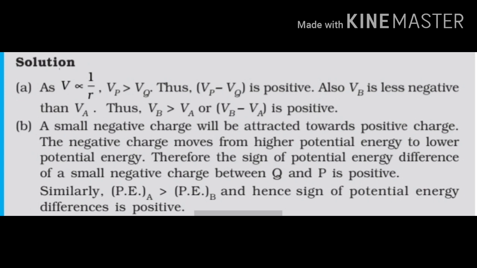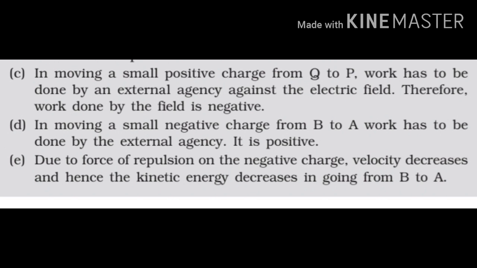So it is moving from a higher potential energy to a lower potential energy. Therefore the sign will be positive between Q and P. Similarly, we already know the potential energy of A is greater than the potential energy of B. In such a case, the positive sign will be there.